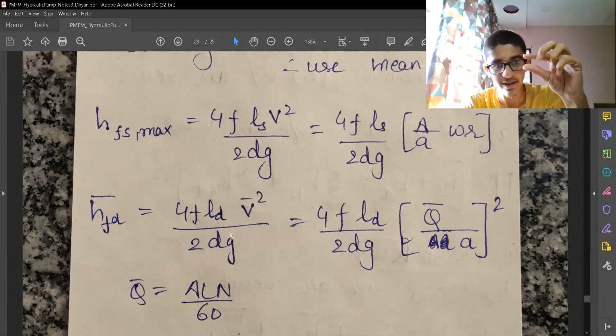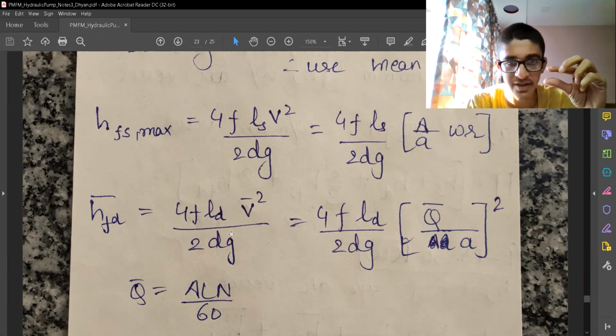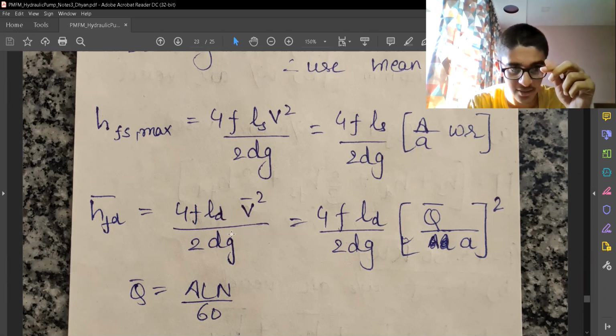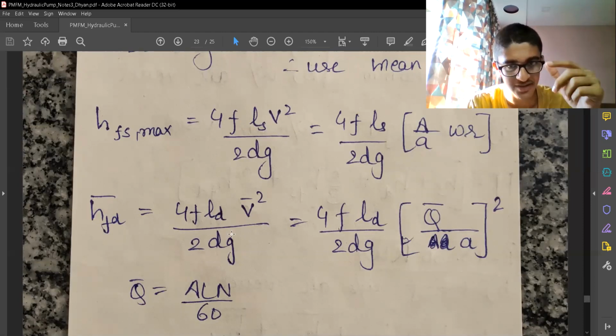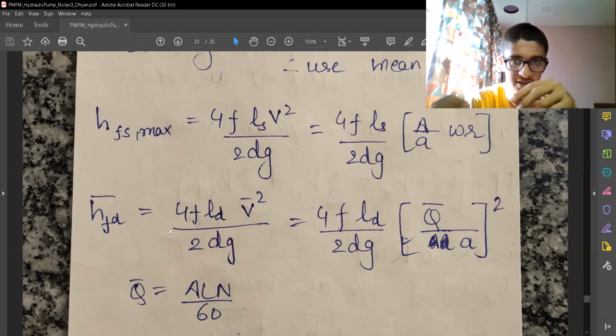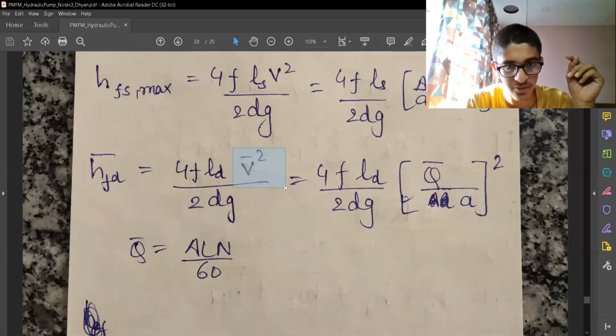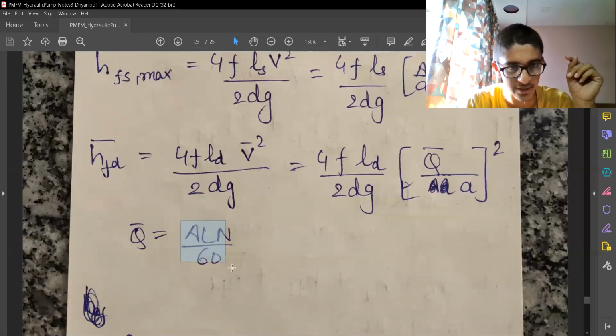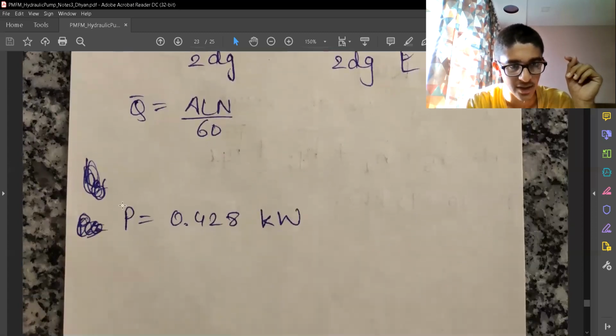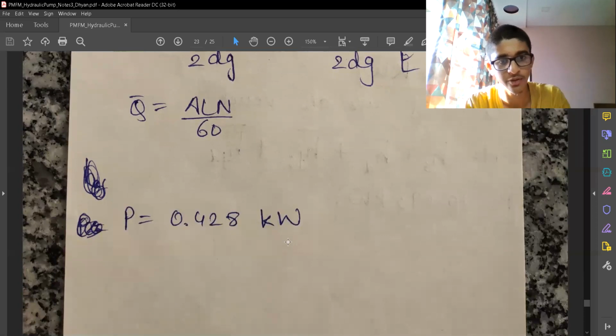So we have ignored that small length between the delivery valve and the air vessel on the delivery side, because over there the acceleration is going to be small, the length is small, and the friction losses are also going to be negligible. So we are directly taking the friction losses in the complete delivery side, and in that case we use the mean velocity and the mean flow rate. Mean flow rate is A L N by 60. And we get the power as 0.428 kilowatt.